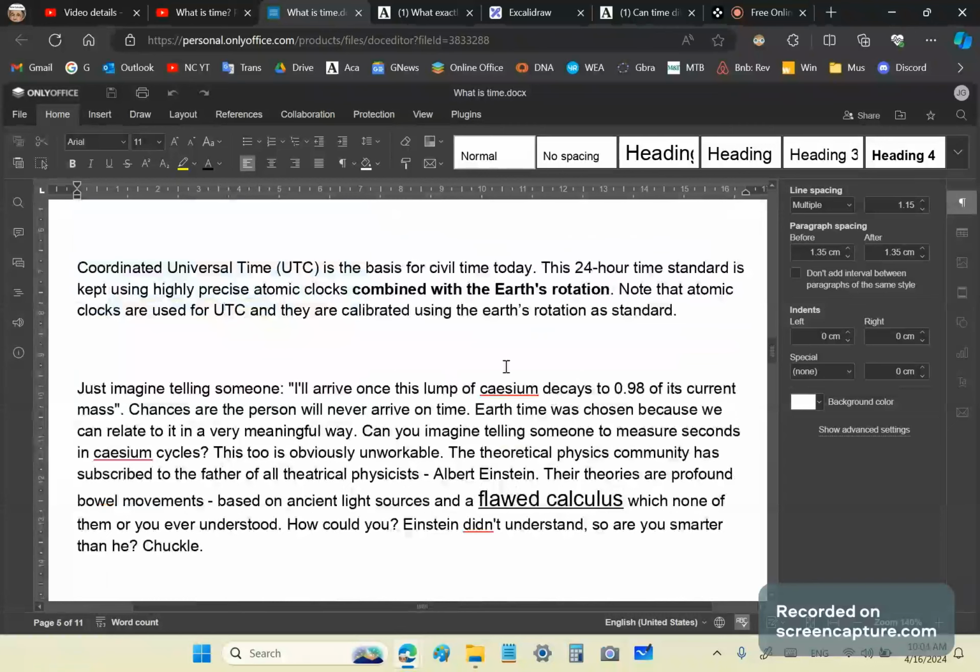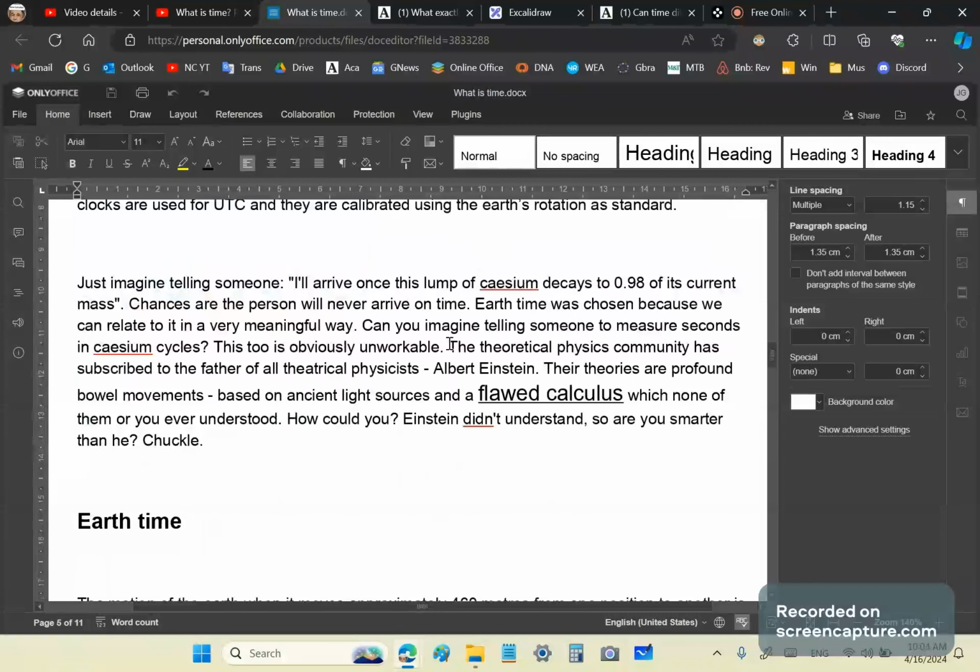Just imagine telling someone, I'll arrive once this lump of cesium decays to 0.98 of its current mass. Chances are that person will never arrive on time. Why? Because they have no familiarity with that. If you say arrive the next day, a person might arrive on time because they have familiarity with that time.